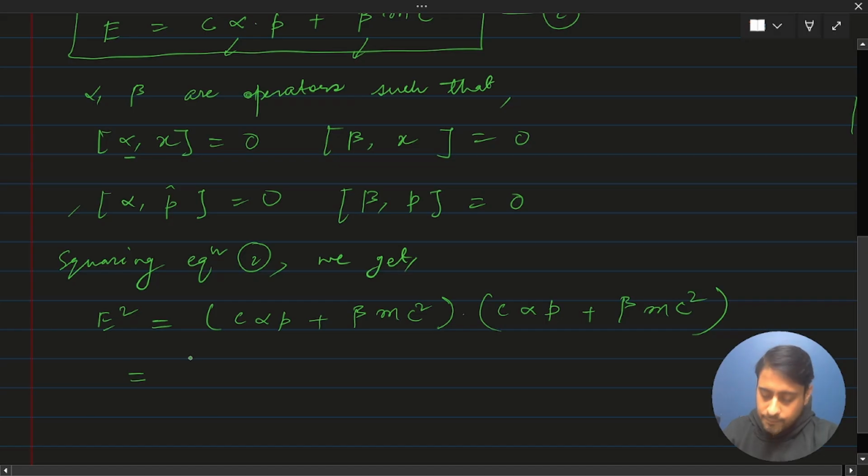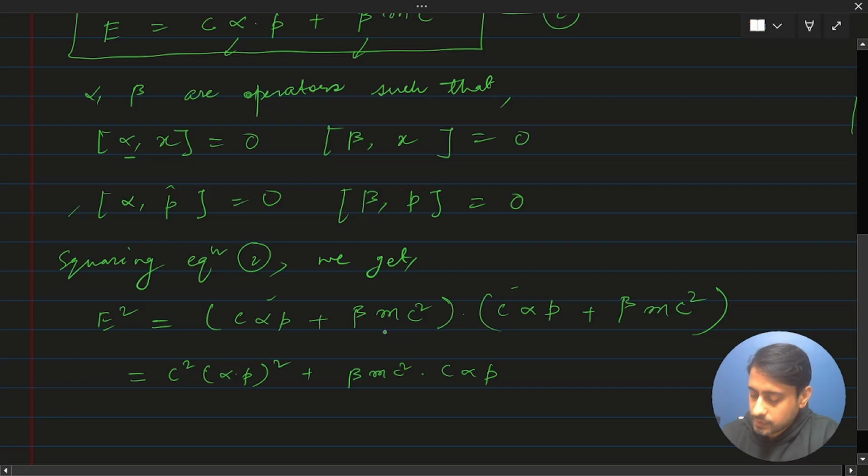First we will multiply these terms, so c squared, and now you have alpha and p, so (alpha·p) whole squared. The second term: we will multiply this to this, so beta mc² multiplied by c alpha p.